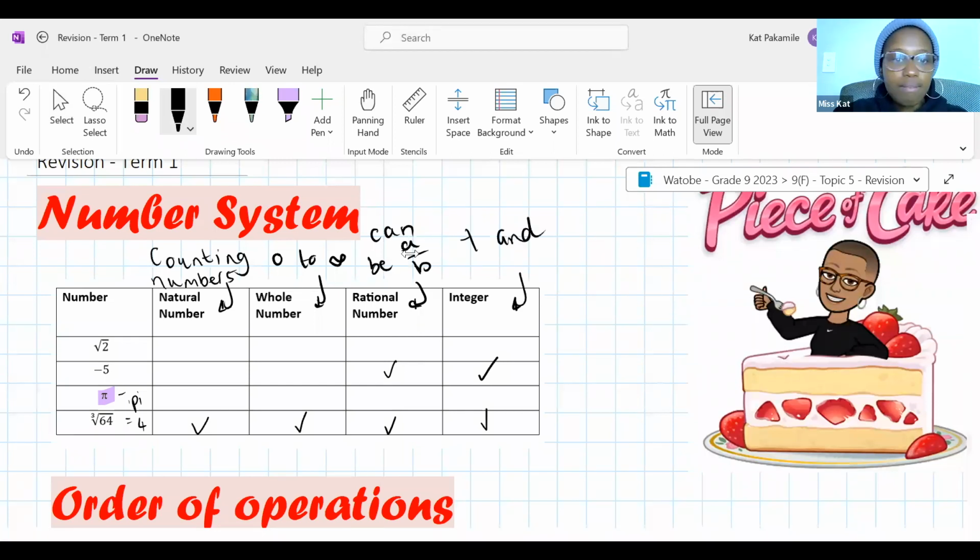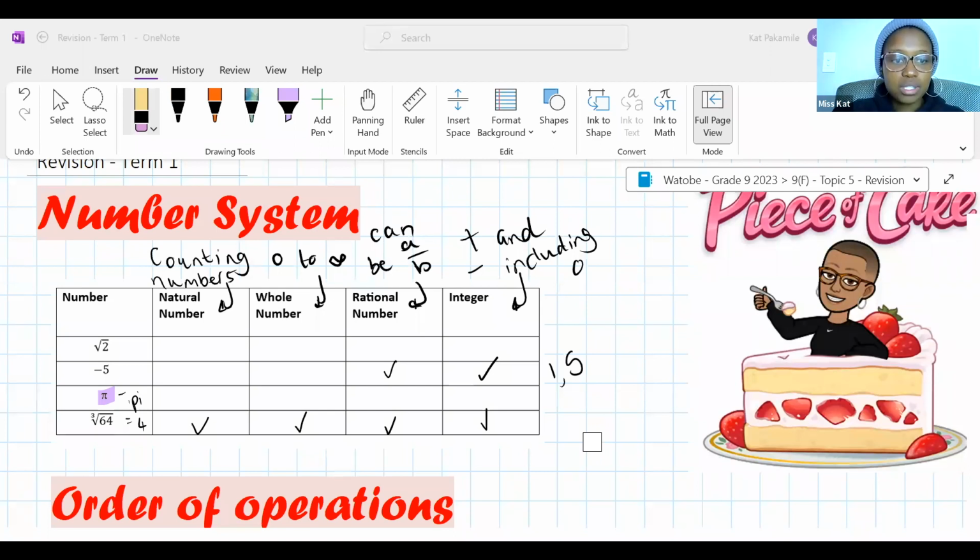I have one more question, guys. You said integers are positive and negative numbers, including 0. So is 1,5 an integer? Let me know in the chat.